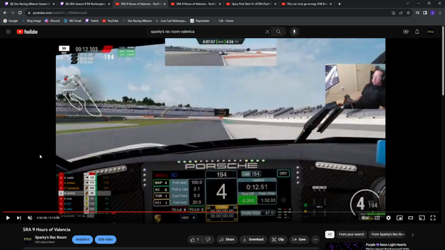So that affects how you set the car up as well. If you're trying to make all of your time on entry under the brakes, there's a certain type of setup you would want for that.